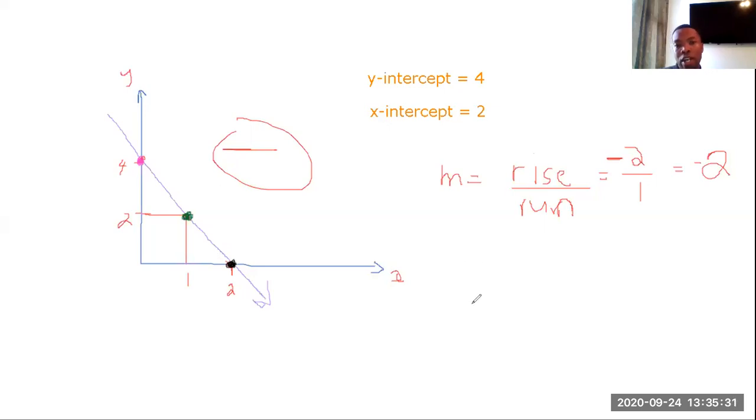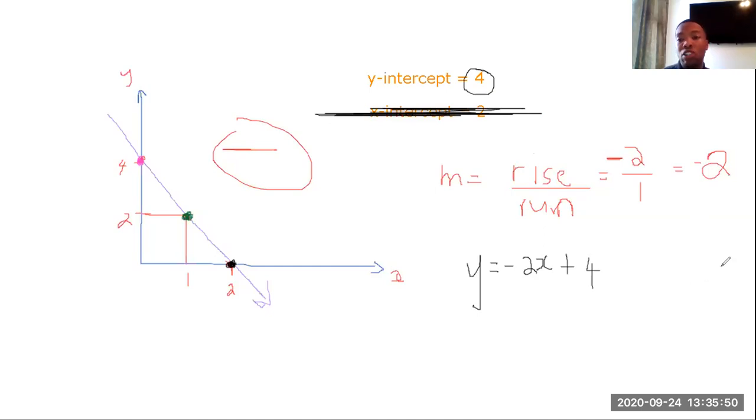So then my equation is y equals -2x plus 4, since we said the y-intercept was 4. Remember, the y-intercept goes here, not the x. I only had the x-intercept here so we could look at it, because you might be asked what the x-intercept is at some point, but we're not going to use it to write this equation.